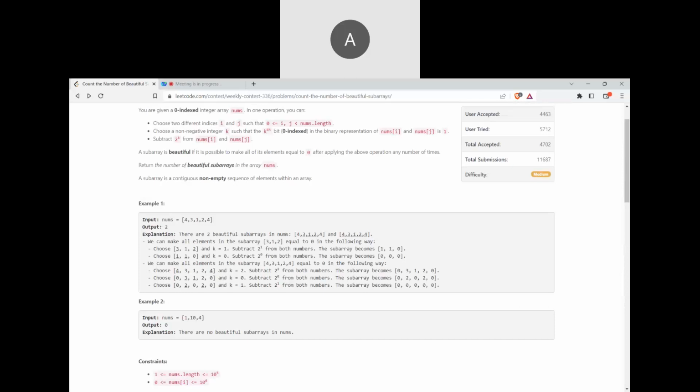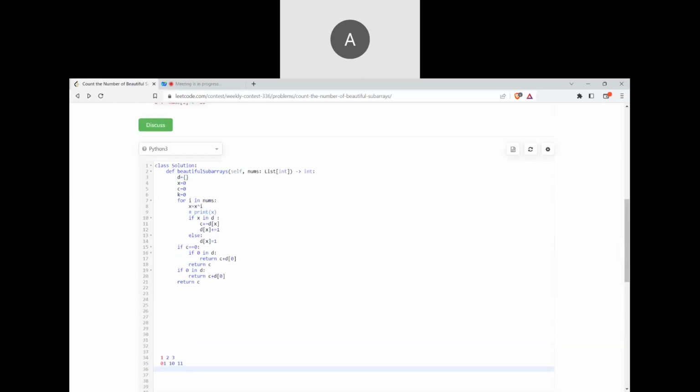So we have to find the solution. What I have observed is that the only time the actual subarray becomes 0 is when at every position there is an even number of set bits. Like if the bit at index 1 is set an even number of times, and the same with the 0th bit, the 0th bit is set an even number of times. So if at any particular position the bit is set an even number of times, we can make the number 0.